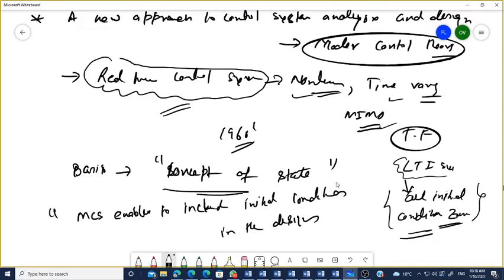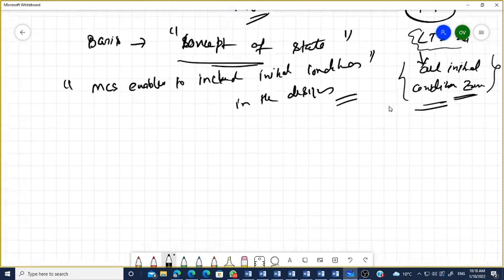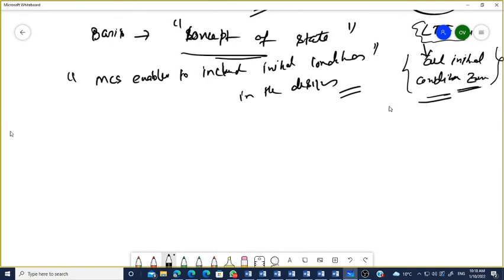So it is again one of the important things. We will study the initial condition also in this picture. By tomorrow we will start with state and state variable and some mathematical expressions. So this is the overall picture of the modern control theory.